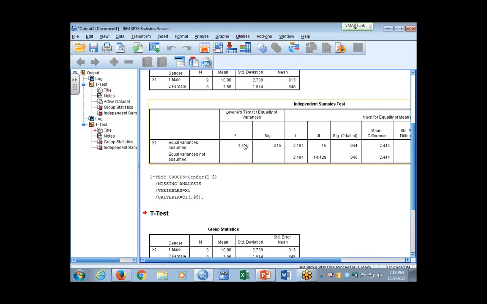We use F for a lot of things in statistics, so don't get stuck on this F being the same as other Fs that we might work with. So what is this score? It's 1.456. As it happens, there's a distribution for this, just like everything else we're working with, a probability that's associated with this. That's 0.245, right? 0.245. So now, what is that?